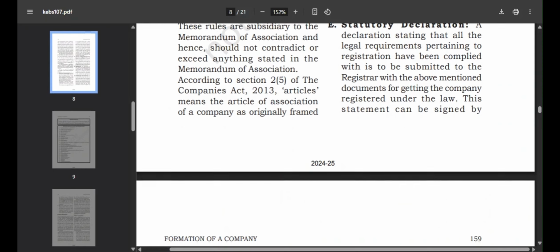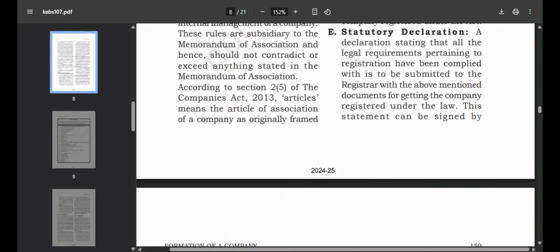Then your fifth document is the statutory declaration. Statutory declaration means what is statutory? By law. As I said, whenever the word law comes, it means it is necessary, compulsory. A declaration stating that all the legal requirements pertaining to registration have been complied with.